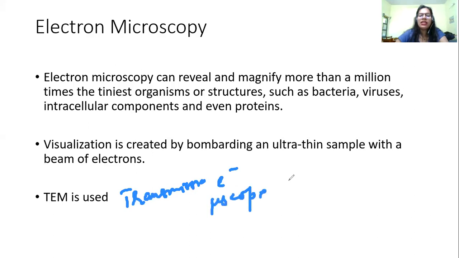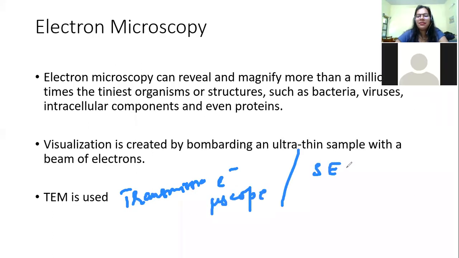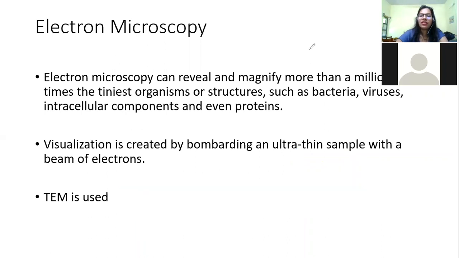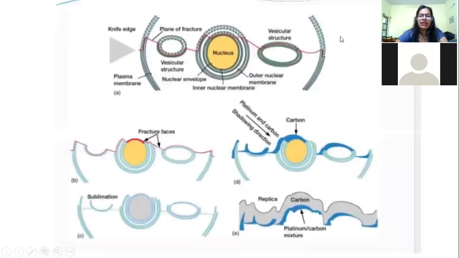The other one is SEM, called scanning electron microscope. We'll study these two microscopes in detail in the next lecture. So this is the final figure. I think this will be more clear to you guys.